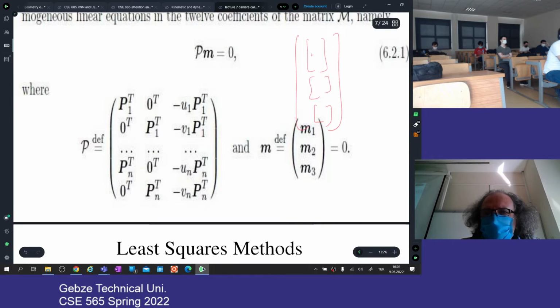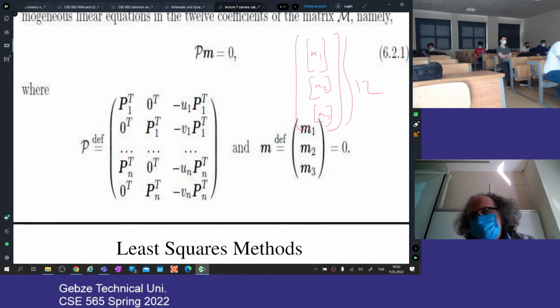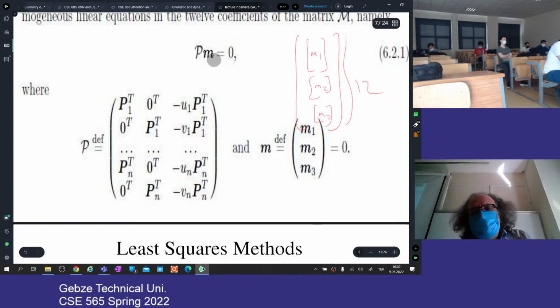M1 is here, then M2, and M3. So this is a 12-element vector.